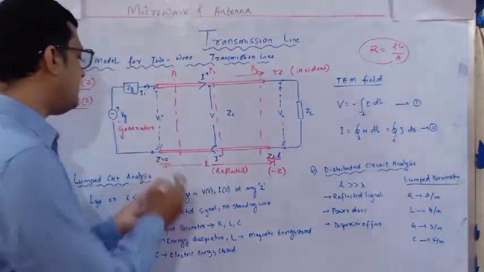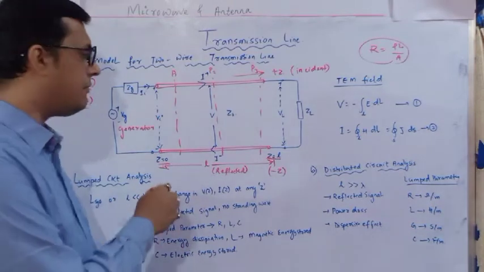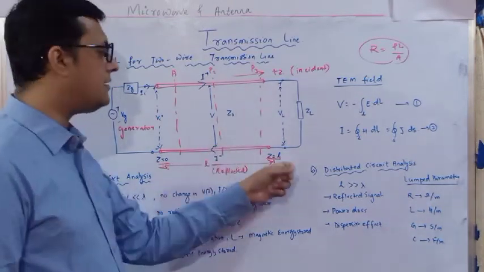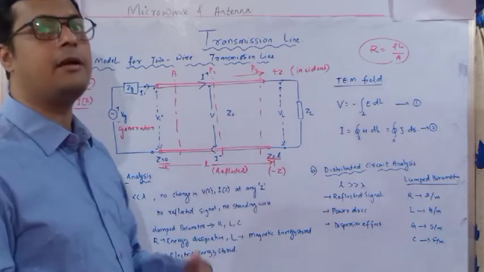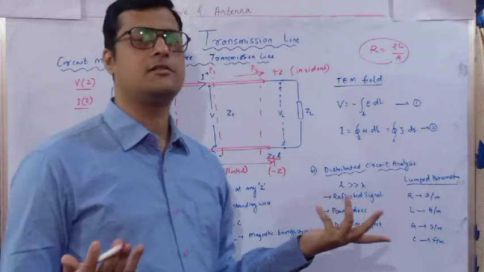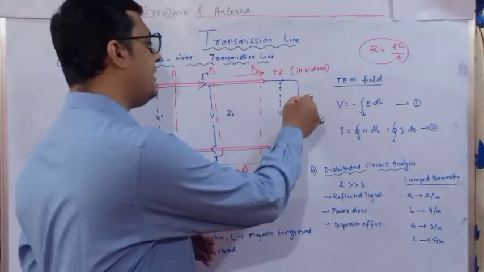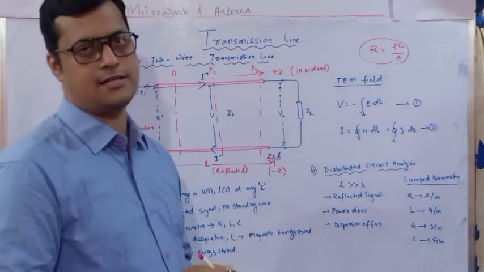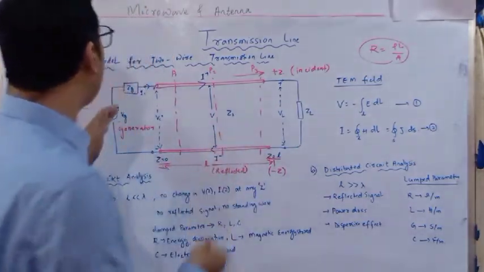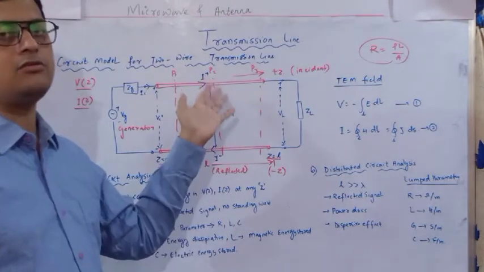So at Z equals 0, whatever potential and current we have identified may not be the same when Z equals L. It may be more or it may be less, due to some attenuation factor or some other reason. So whatever current I get, I will measure with respect to this ZL. This is the circuit model for the two-wire line, or two-wire transmission line.